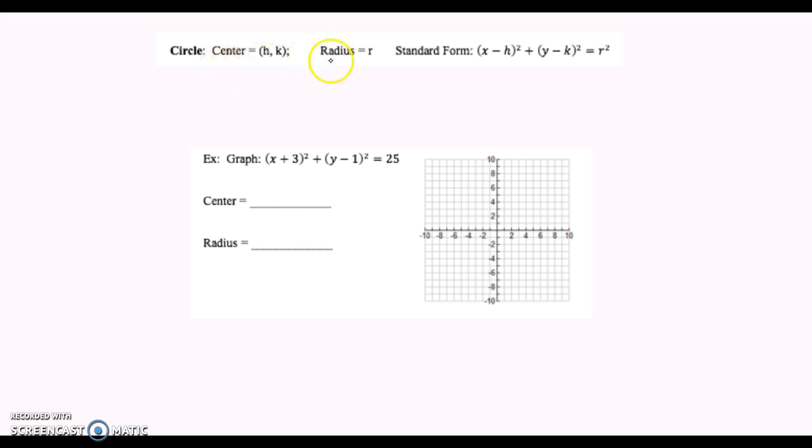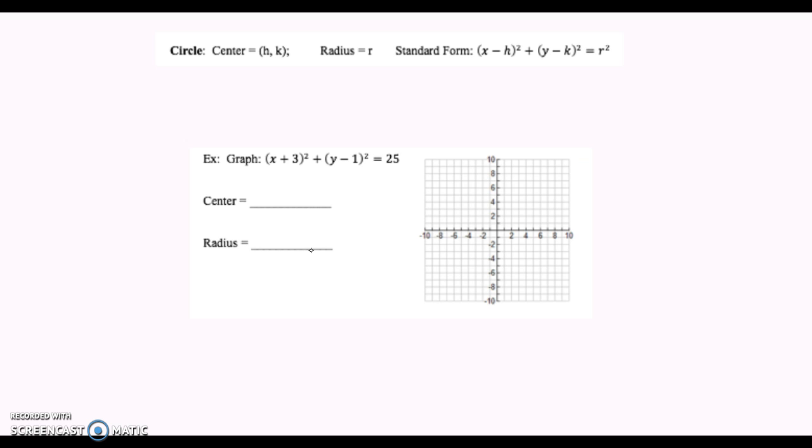I have those notes up here, and now we're just going to answer these questions. If I have this equation, (x + 3)² + (y − 1)² = 25, I should be able to identify the center and the radius and be able to graph this circle.